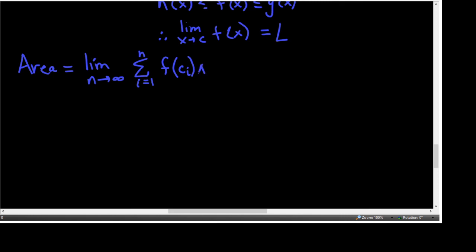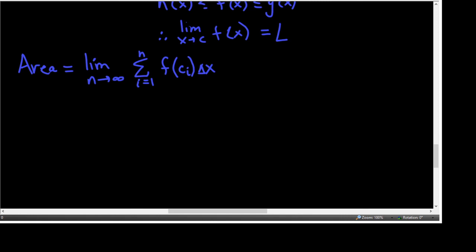So f of c sub i gives us the height of the rectangle, delta x gives us the width, and that's going to provide us with the exact area. It doesn't matter if that's a left hand, right hand, whatever value c is that's producing the height of the rectangle, it doesn't matter where it is. And as I said, we're going to use the one where it's the easiest.